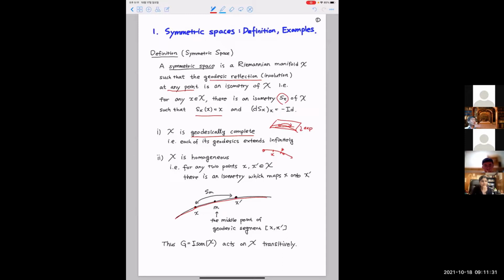That implies that the isometry group of the symmetric space acts on the symmetric space transitively.